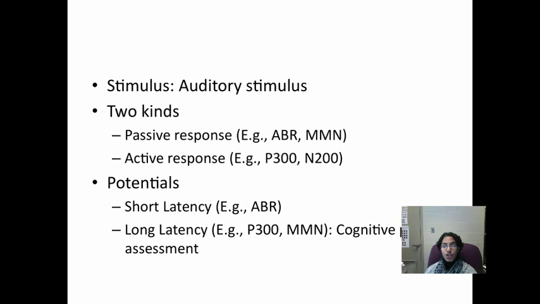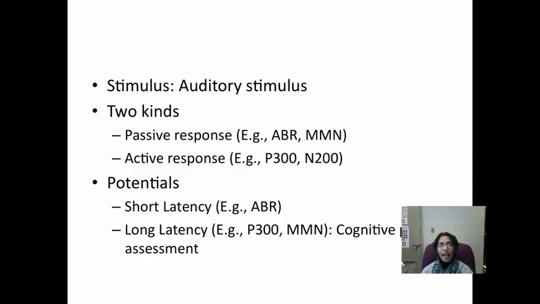So if I asked you to give me an example of a passive response with a short latency potential, your answer will be ABR. But if I ask for an example of a passive response and a long latency potential, MMN will be the answer. So you see the point? You need to know what a passive response is, what are examples of passive response, what are examples of active, what is an example of short latency, and what is an example of long latency.